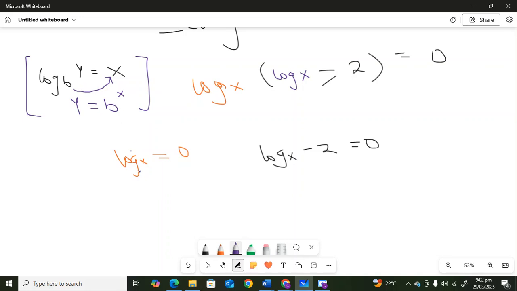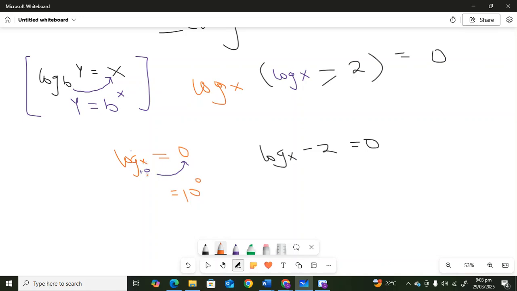So basically here, this is like log 10 x equals 0. This 10, you attach it to this power 0 there. So on this side we get 10 to the power 0.